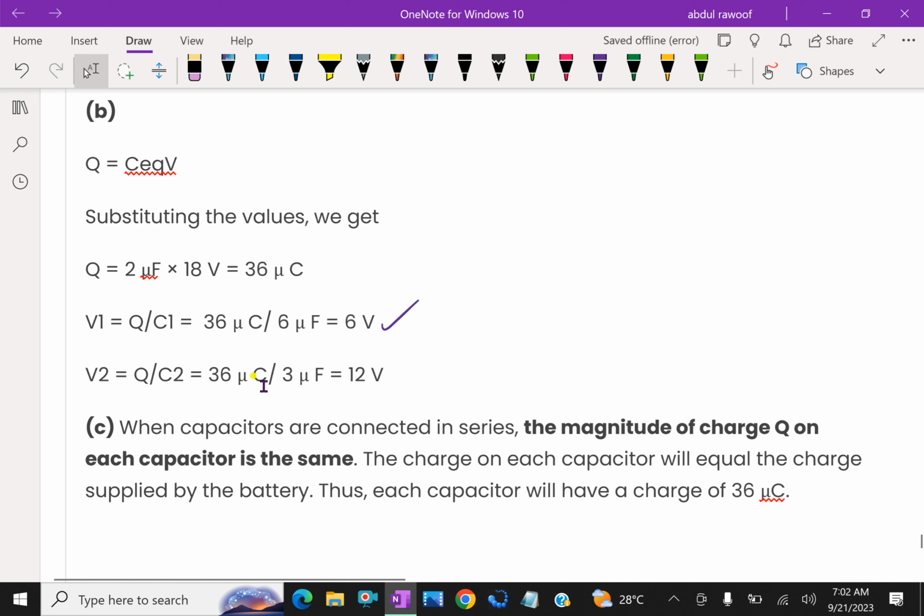Q is 36 microcoulomb and C2 is 3 microfarad, therefore 36 over 3 is 12 volt. So the voltage is distributed: the first capacitor has 6 and the second capacitor has 12. If you add both, 6 plus 12 is 18 volt, which is the total voltage.